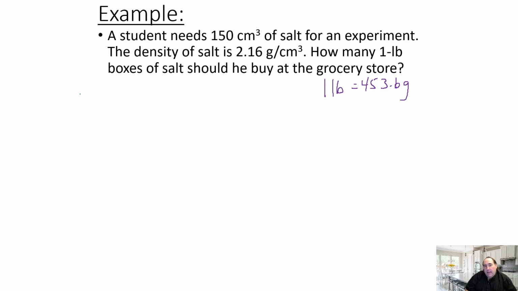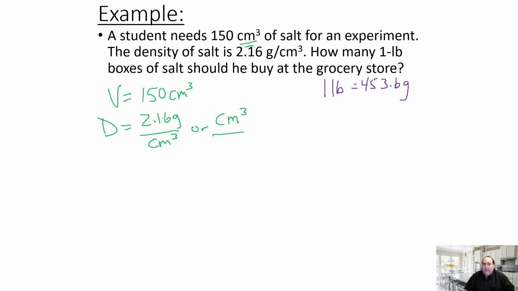Okay, so let's take a look. Remember that cubic centimeters is a volume. So we have 150 cubic centimeters, which is a volume. We have the density given to us as 2.16 grams per cubic centimeter. Once again, this density we could actually use as a conversion factor. So we could flip it around and use cubic centimeters up on top, 2.16 grams on the bottom.